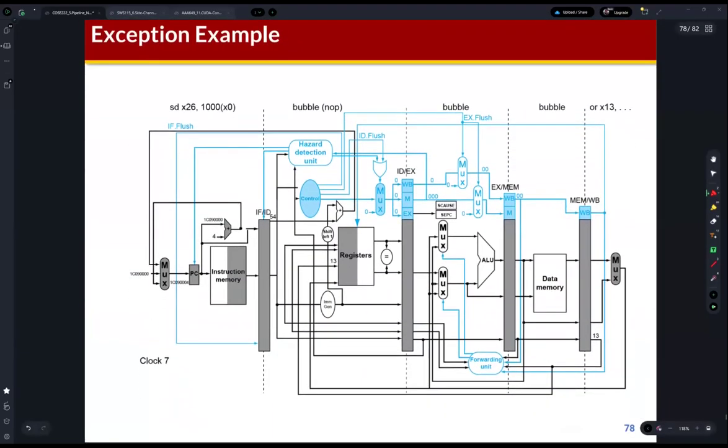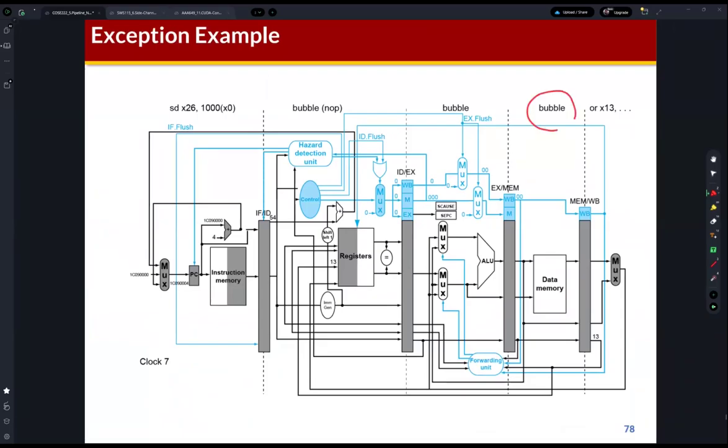And you can find that the add instruction is cancelled, and two following instructions are cancelled. It becomes a bubble. But the OR instruction is in the write back stage, right? The OR instruction is not cancelled. So you need to understand this.